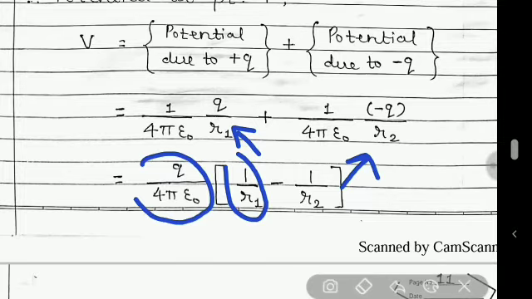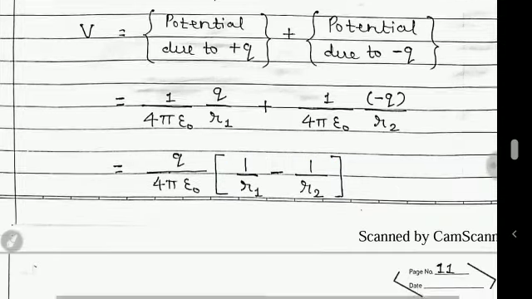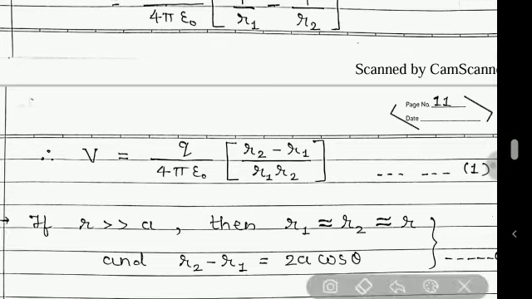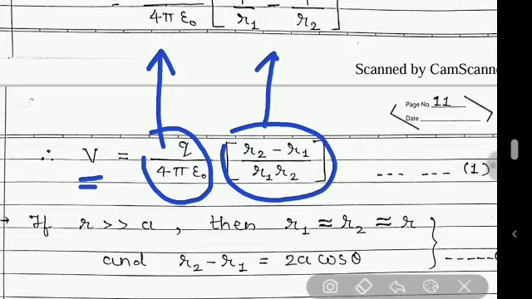Our next step is to take the LCM of the terms inside the bracket. So taking the LCM, you will get this term. So V is equal to Q upon 4 pi epsilon naught, which is taken out common, and here we have taken the LCM. Now let us give this equation number 1.